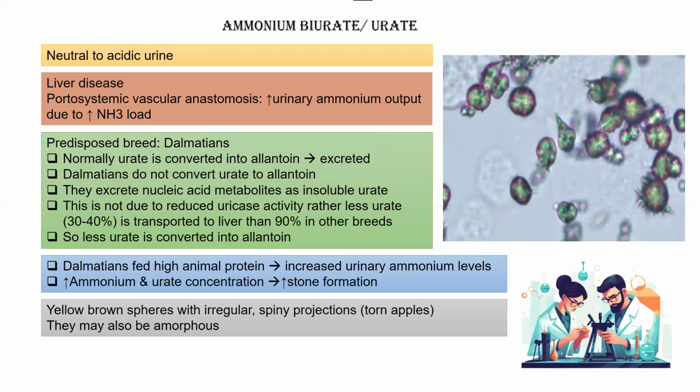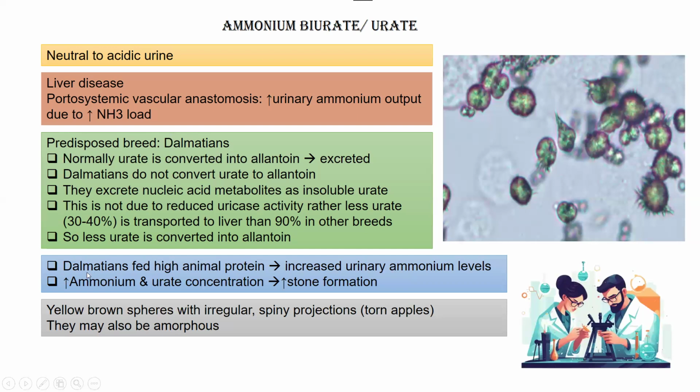In other dogs, 90% of urate is sent to the liver so that the liver can process it to allantoin and it is excreted. But in Dalmatians, only 30 to 40% is being processed. So that is why urate is excreted as an insoluble compound, insoluble urate, and that is how ammonium biurate crystals are formed.